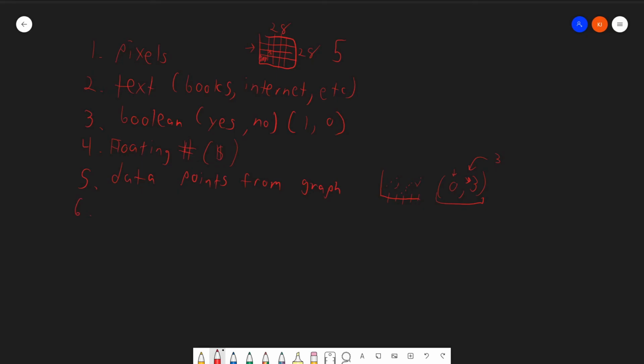Another example of possible inputs, maybe you have latitude and longitude. Say you are predicting where a bird might fly. So you have a bunch of data points for birds of a specific species where they've been seen in the world, and of course those points would be latitude and longitude.